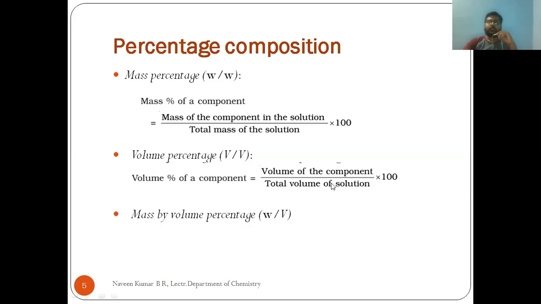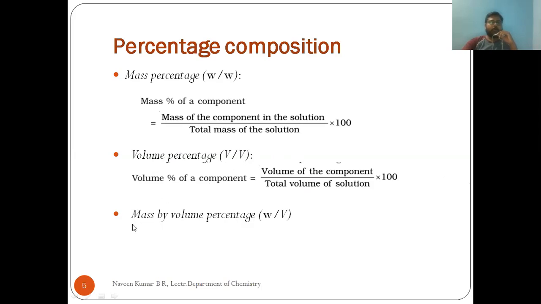Total volume of the solution, it is 35 ml of ethanol, 65 ml of water. Together it is 100 ml into 100 will be 35%, as it is expressed V by V, signifies volume by volume. So 35 ml of ethanol in 100 ml of solution will be its volume percentage.